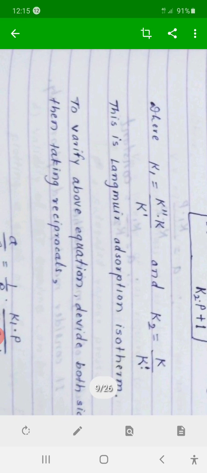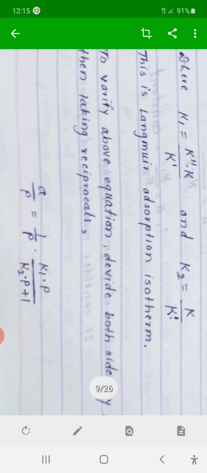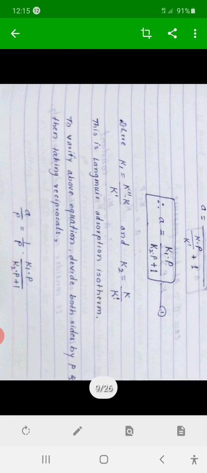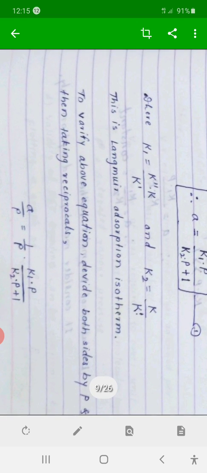To verify this equation, divide both sides by P and then take reciprocals. By dividing by P, A by P is equal to K1 upon K2P plus 1.